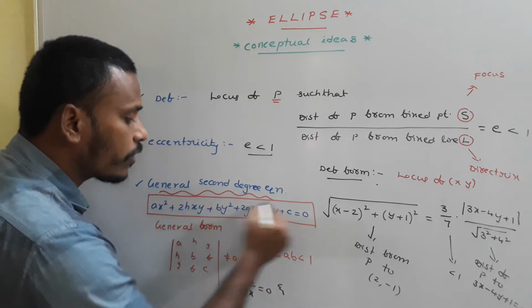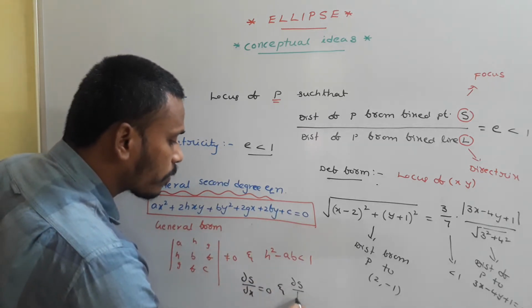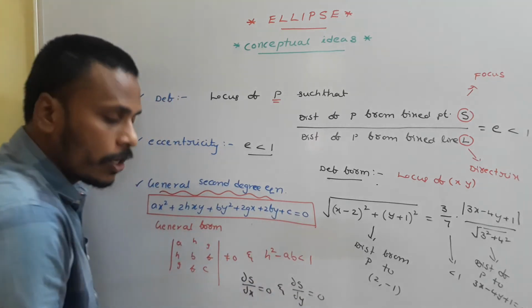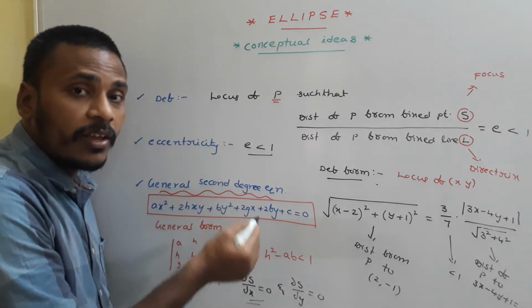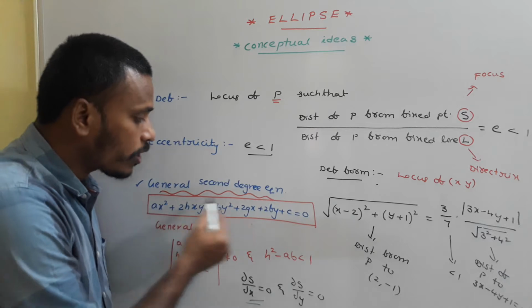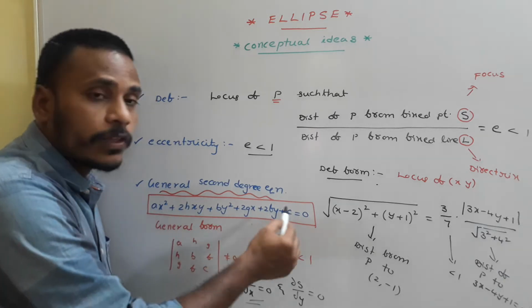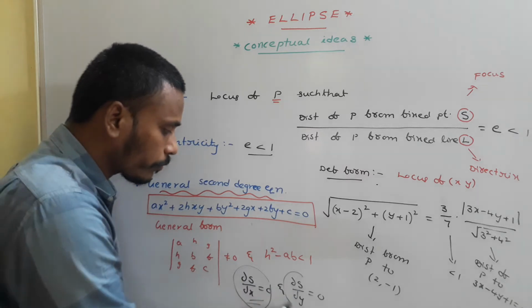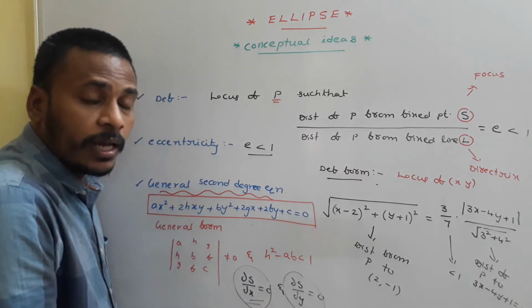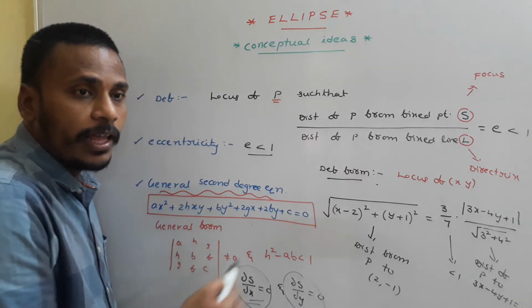Whereas if you differentiate with respect to y, you will get dou s by dou y equals 0. Dou s by dou x means differentiating with respect to x, treating y as constant. Dou s by dou y means differentiating with respect to y, treating x as constant. So solve these two to get x and y. That represents the center of the ellipse.